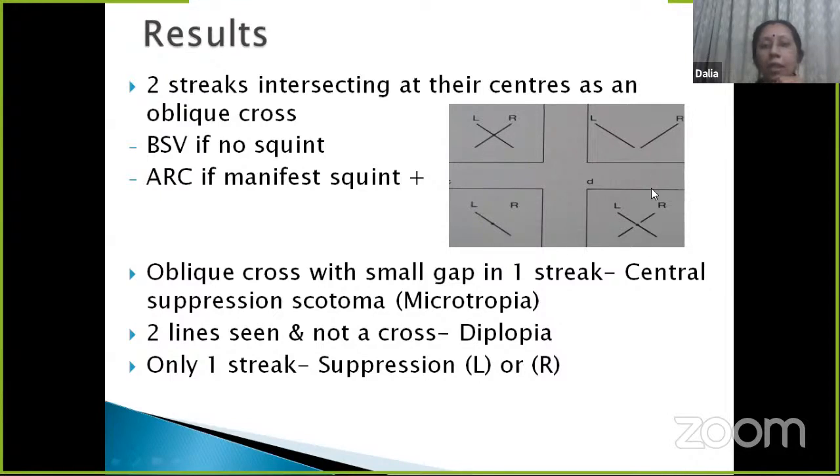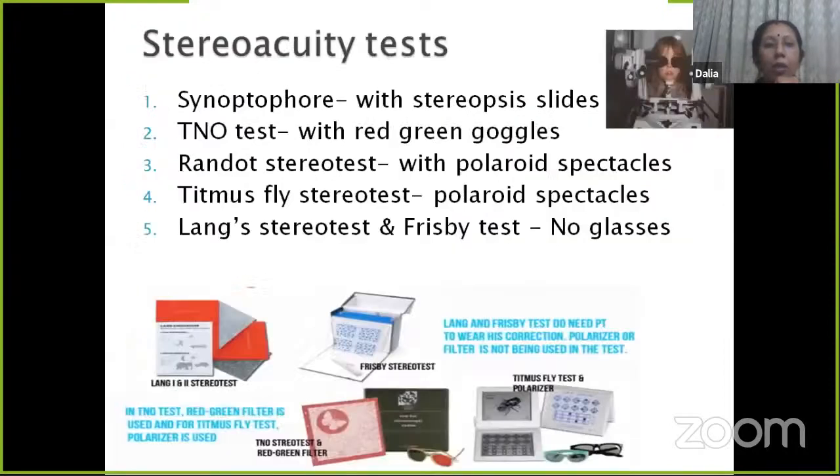If the patient sees a cross with a small gap in one oblique line, then the patient is having microtropia. If he says he's seeing two lines but not as a cross, that means it is diplopia. And if the patient sees only one line, it is either left suppression or right suppression, depending upon the direction of the line. So that is Bagolini's test.